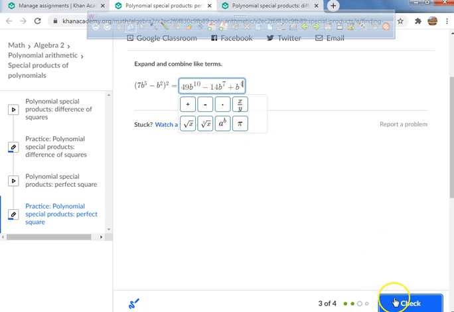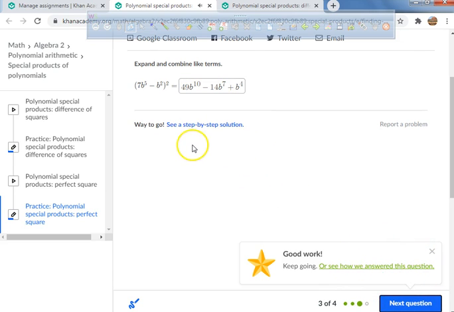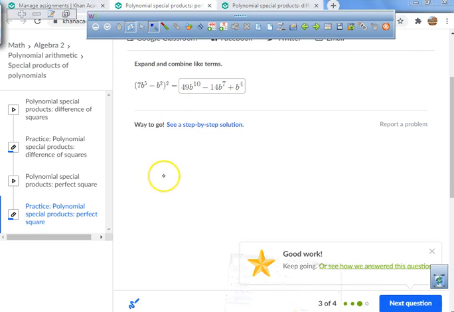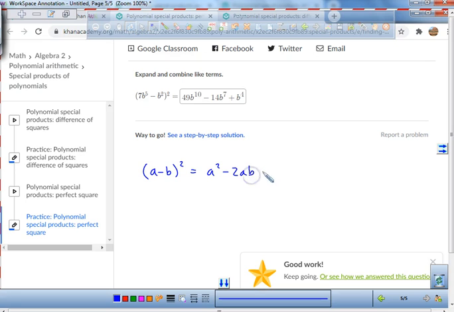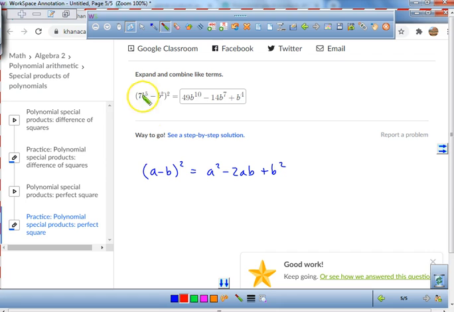All right? Now, I realize doing it in your head is not always beneficial, okay? But all I did on this one was I did this one. a minus b squared equals a squared minus 2 times a times b plus b squared. So I took this guy right here, and I squared him. And when I square that guy, that's what I got, 49b to the power of 10.